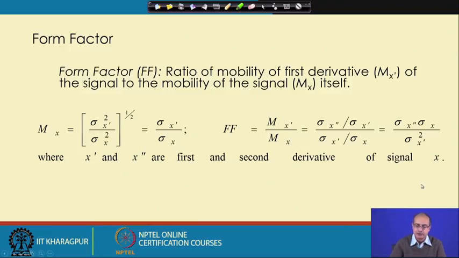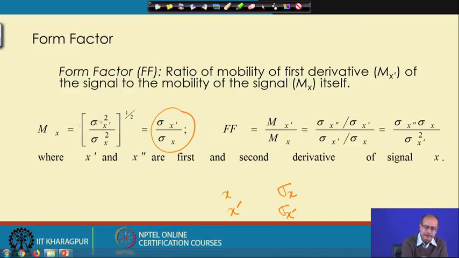First, let us do some brush up. If we look at the signal x and take the standard deviation of x, that gives us the activity of the signal. Now, if we take the derivative of the signal, x dashed, and the corresponding standard deviation, sigma x dashed, the ratio of that gives us the mobility of the signal.